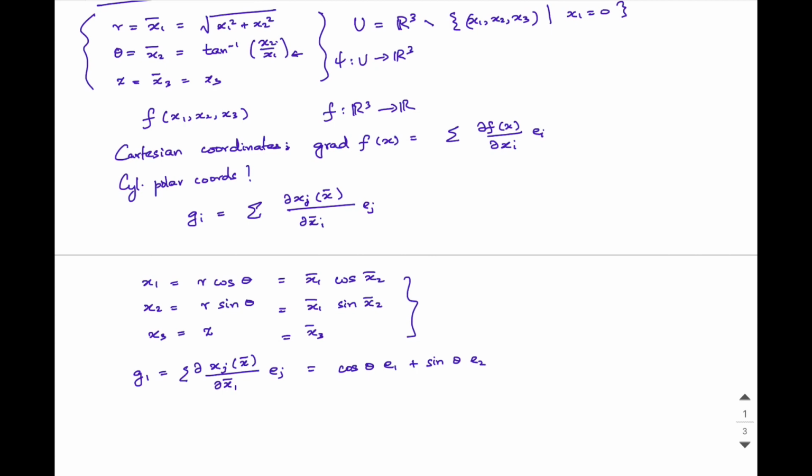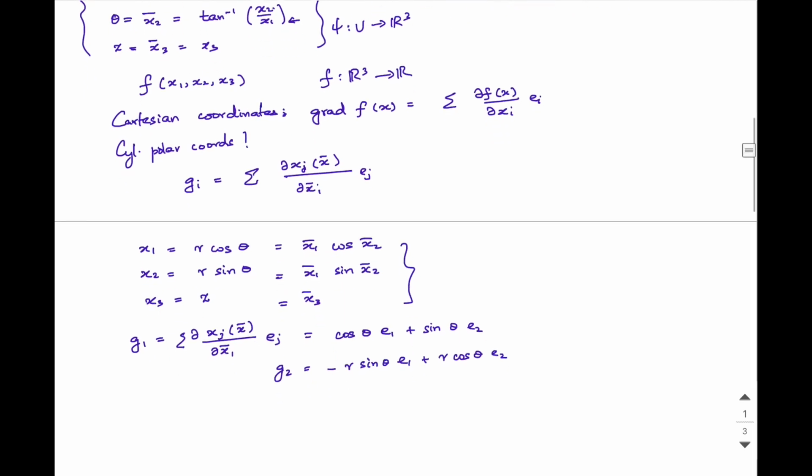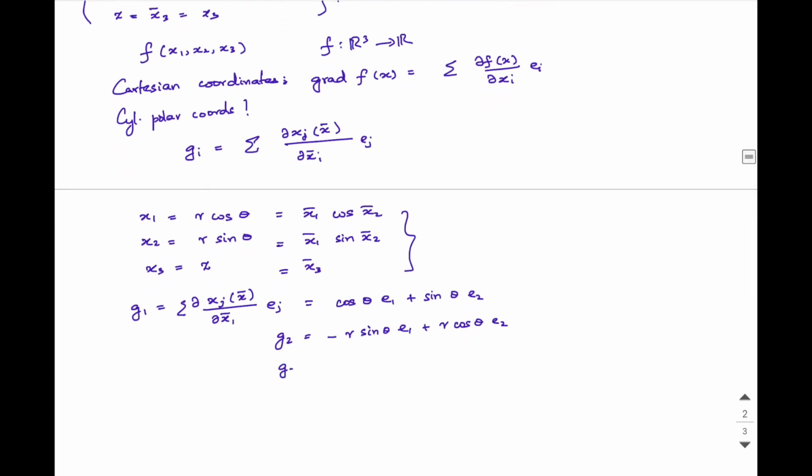Now again, you can compute g2 in an entirely analogous manner as minus r times sine theta e1 plus r times cos theta e2. All you have to do is take the derivative of the coordinate functions with respect to x bar 2, which in this case is just theta. And similarly g3, in this case, is very simple. It's just going to remain exactly the same as e3.